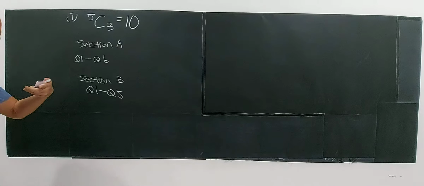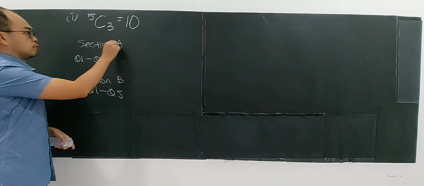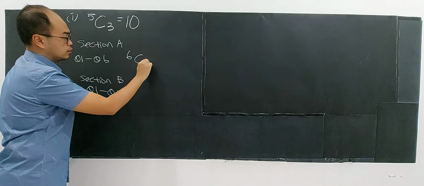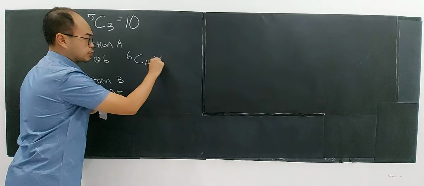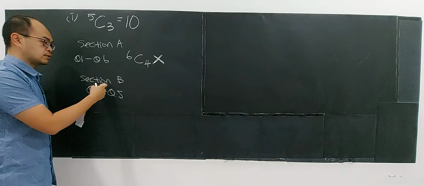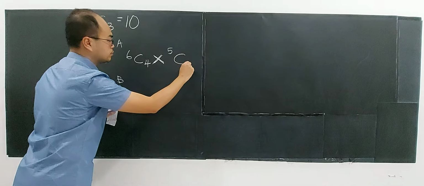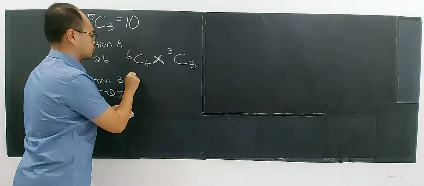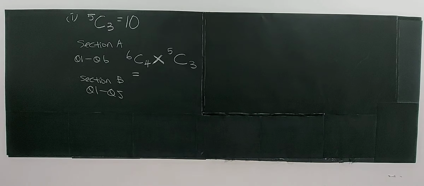This means the candidate must answer any 4 from section A, so from the 6 questions you choose 4 questions. At the same time, we multiply, because the candidate must also answer section B. From section B, you take 5 and choose any 3. 5C3 means from 5 questions, you are choosing 3 questions.